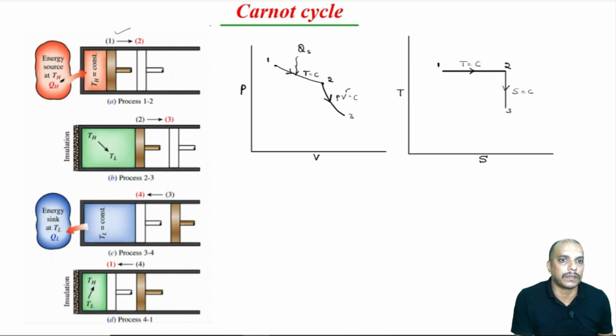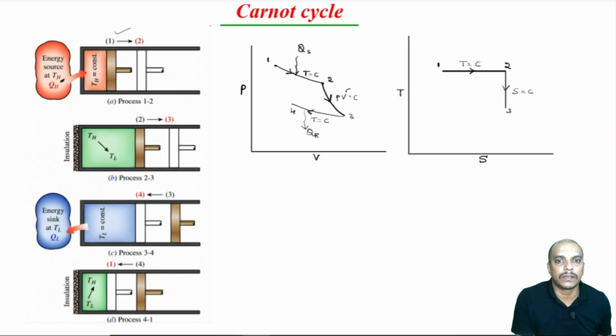Now, during process 3 to 4, we reject the heat to a lower temperature sink. So, it has to be again a constant temperature heat rejection process. It will be parallel to the line which we had drawn earlier. So, this will be the heat rejection QR.